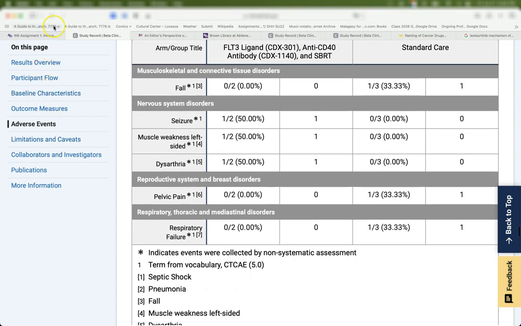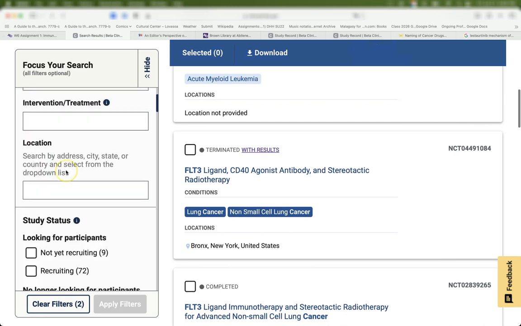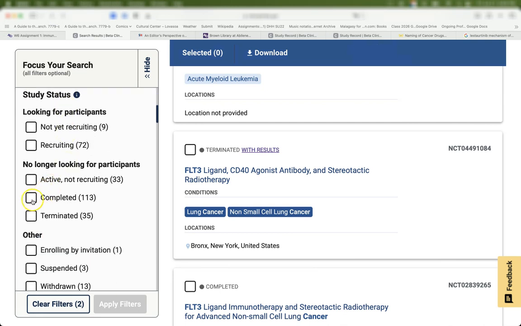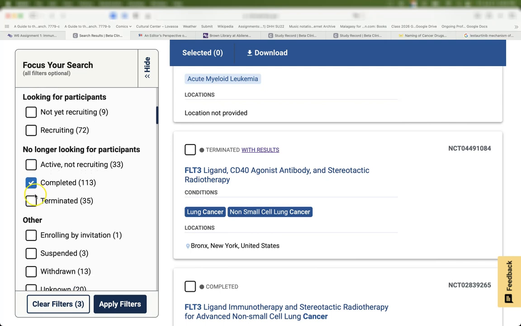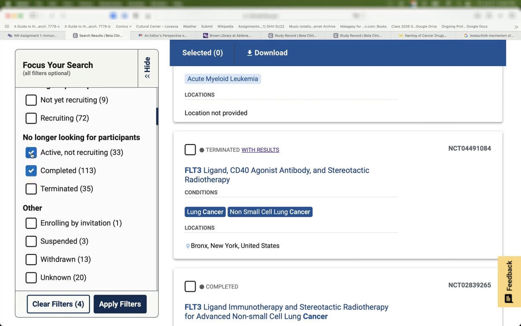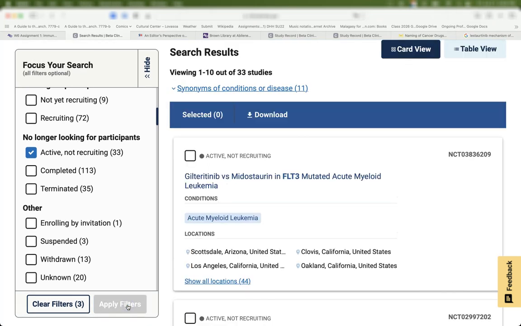And if you were doing a search for a study, let's say you're looking for something that is specifically completed and also has active recruitment, you could limit for that. In our case, let's look at active not recruiting here.